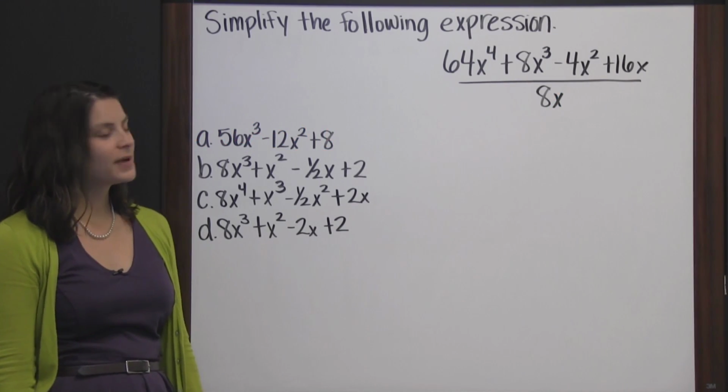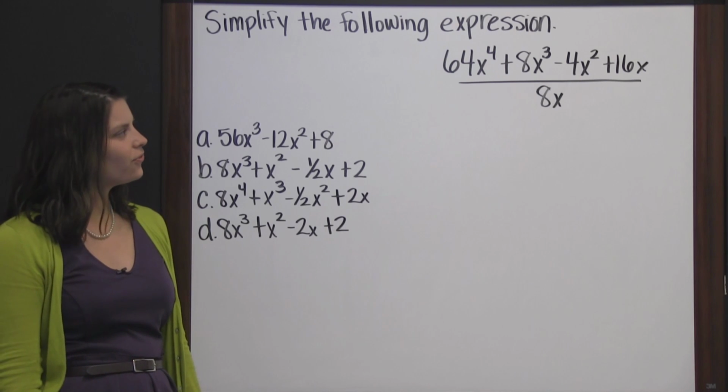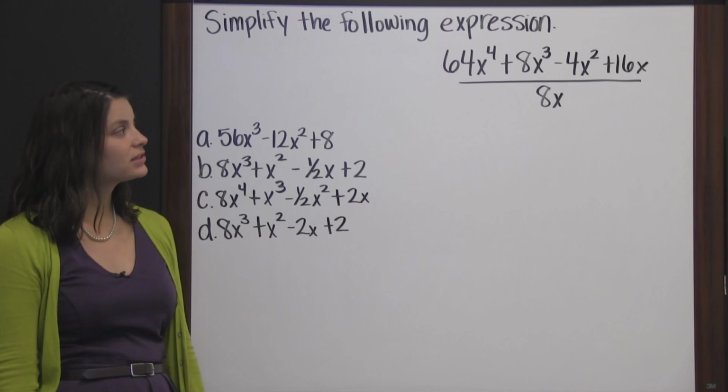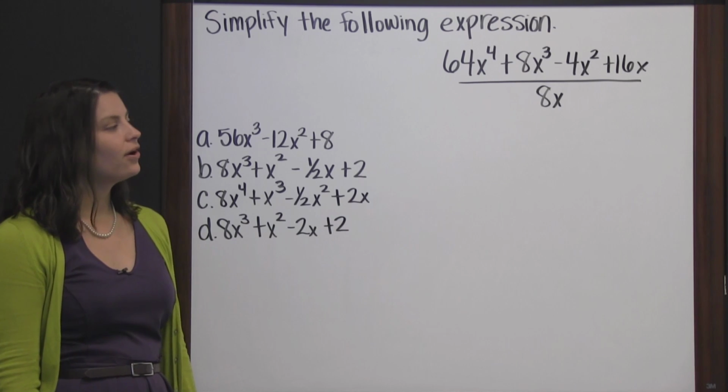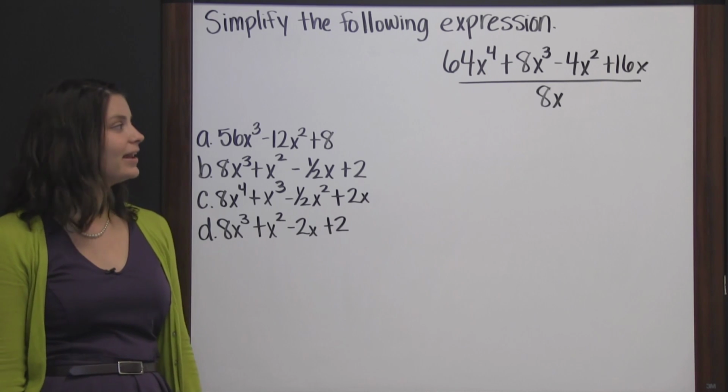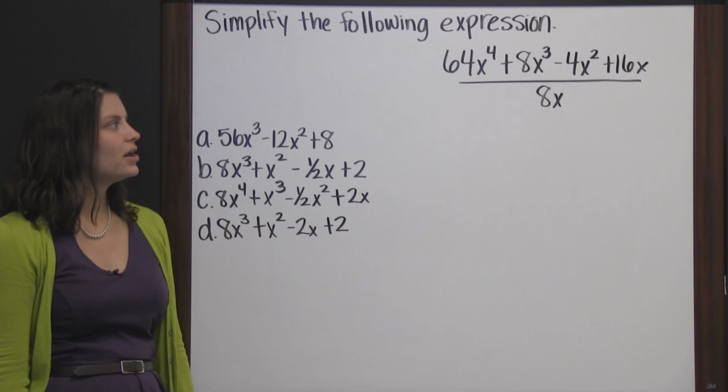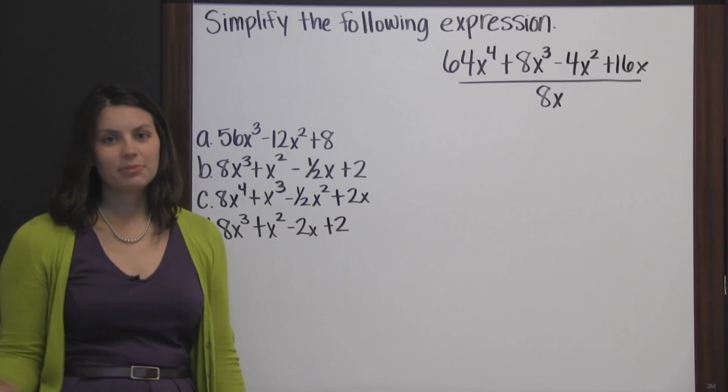Simplify the following expression. 64x to the fourth plus 8x cubed minus 4x squared plus 16x, all divided by 8x. So really what we have here is 4 separate fractions.